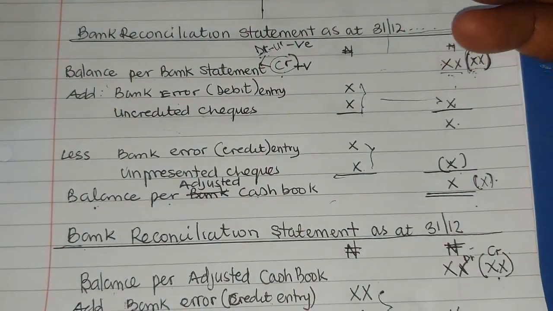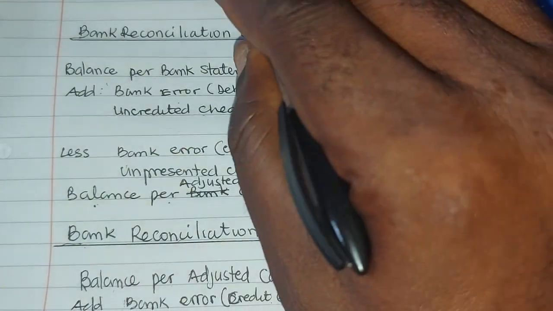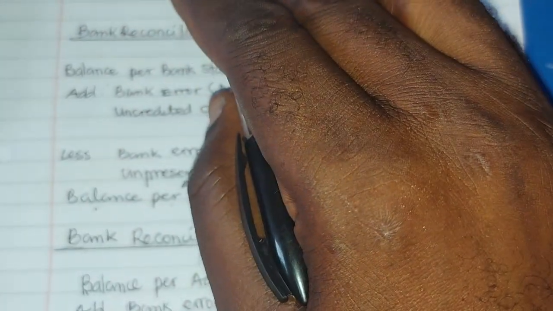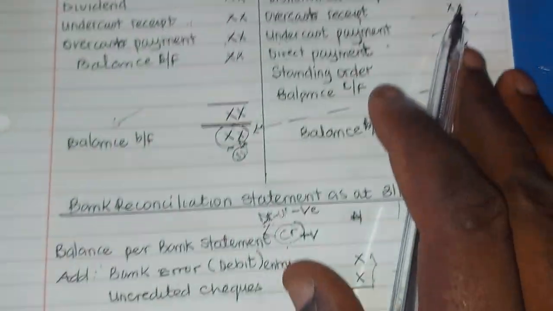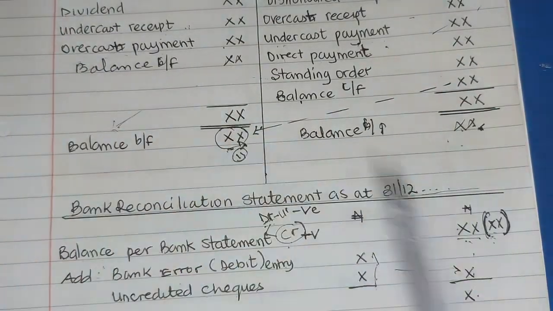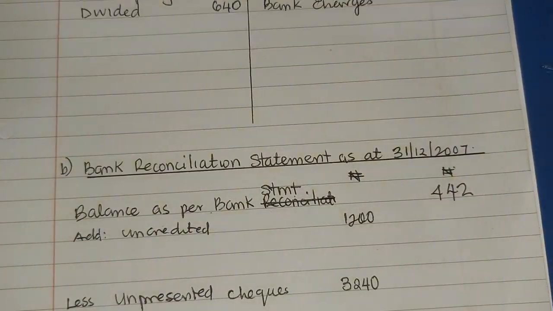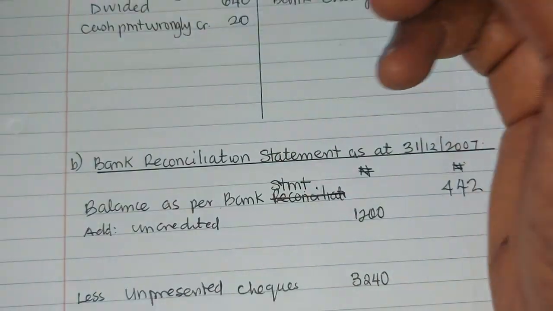So when you add more to the payment side, you have to reduce it by posting on the debit side to nullify what was on the credit side. So we can say it is cash payment wrongly credited. So you just say cash payment wrongly credited, okay? And that is 20 naira.